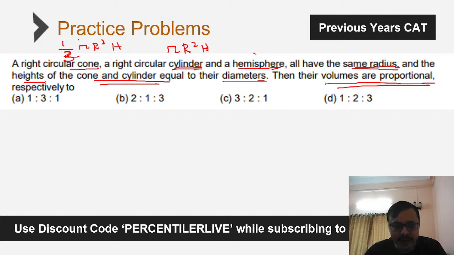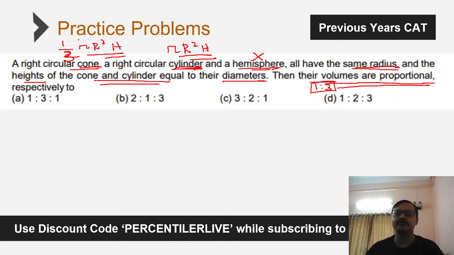Even if you aren't aware of the hemisphere formula, you can simply look at these two formulas and say the ratio of the volumes of cone and cylinder must be 1:3. But a challenge will be equating the radius of the hemisphere with the height of the cone and cylinder. But before that, one thing that is easy is the cone and cylinder have a ratio of 1:3.